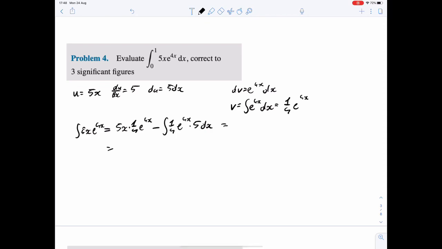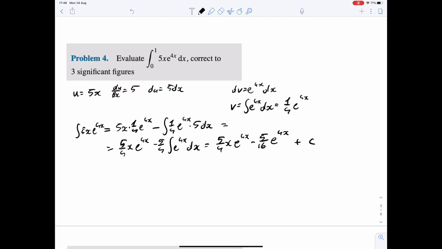So now I can start integrating, rewriting the first part of the expression, 5 over 4 x e to the power of 4x, minus 5 over 4 integral of e to the power of 4x dx, gives me the result of 5 over 4 x e to the 4x minus 5 over 16 e to the power of 4x plus c.